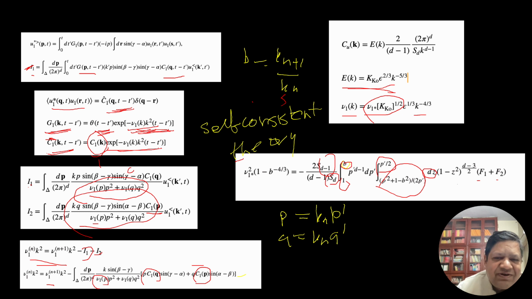So it turns out, if I do the algebra, there's an additional factor of b to the minus 4/3. Okay, that 4/3 comes here. So if I take this to the left hand side, here I get nu n squared b to the minus 4/3. Now why this nu n squared? That's another interesting aspect.